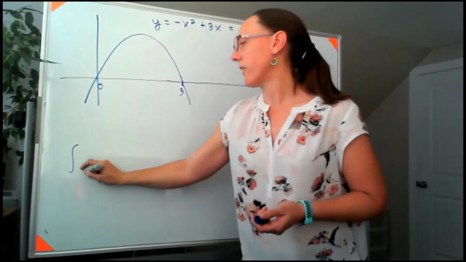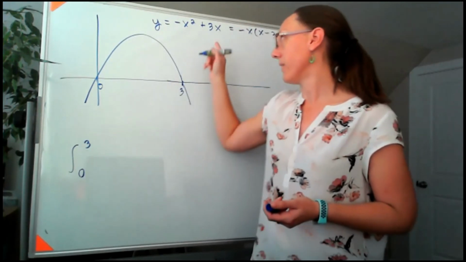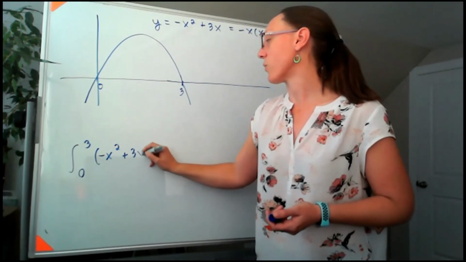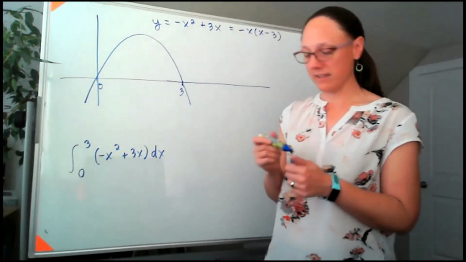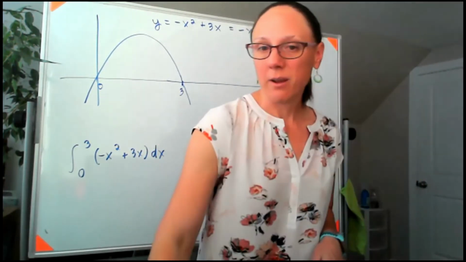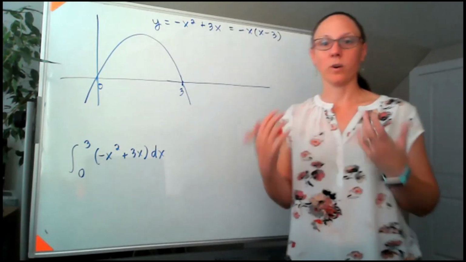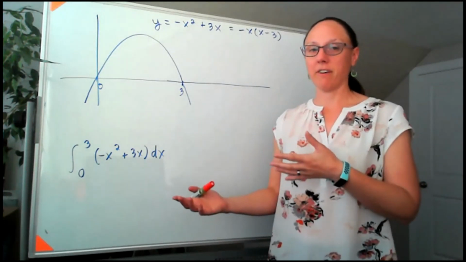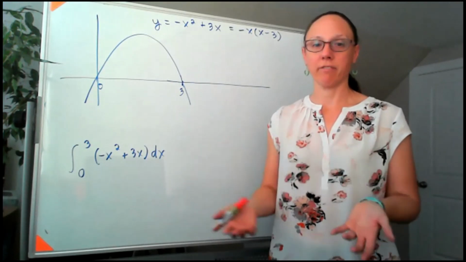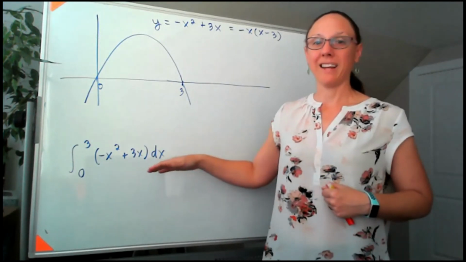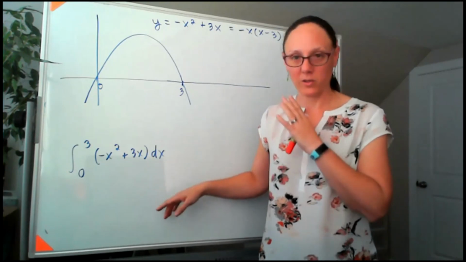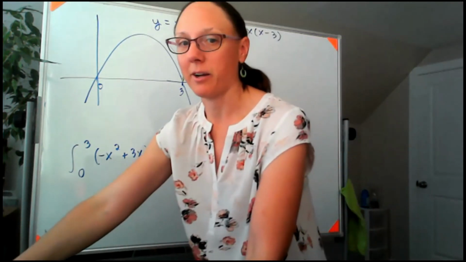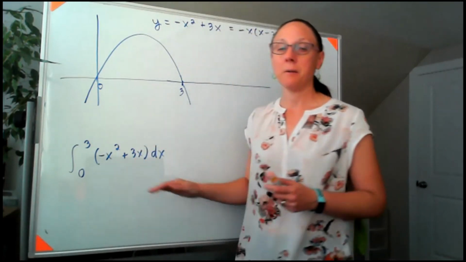So I'd be looking for the integral from 0 to 3 of that, -x² plus 3x dx. Once in 6.1, we're introducing, well, what if I was actually trying to find the area between two different curves? So here, technically, we were also finding the area between two different curves. We just didn't really talk about it in that context.